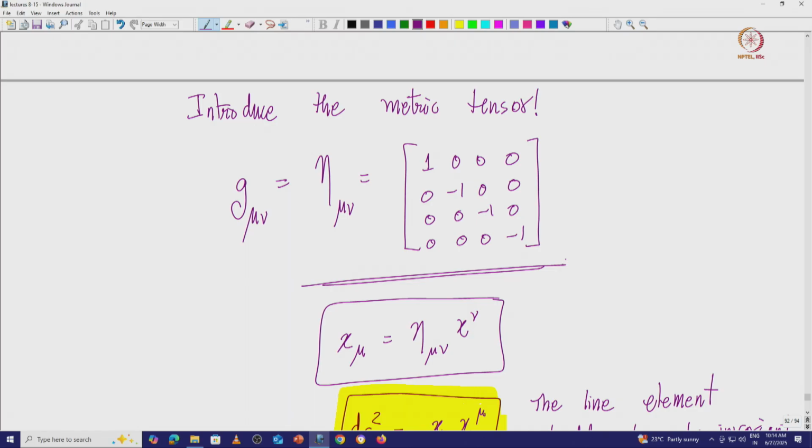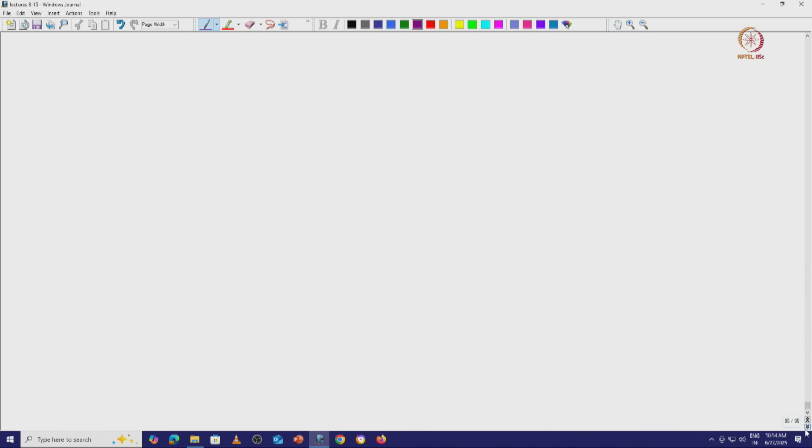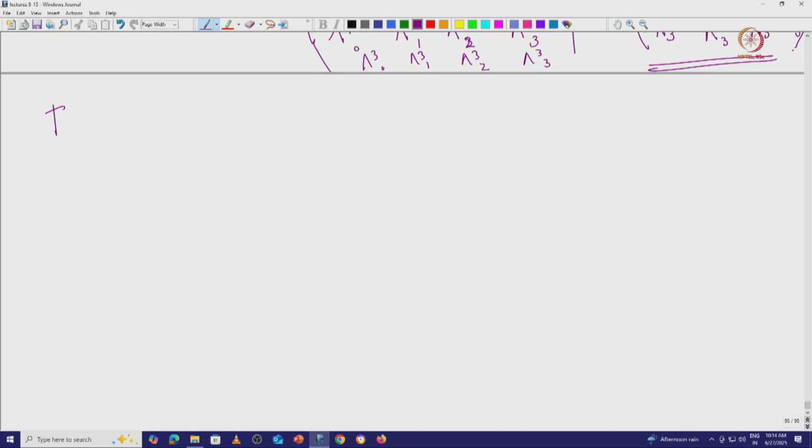If you change the sign of one of these things, it will automatically change everything and gives me the inverse. It's extremely easy to find the inverse of a Lorentz transformation if it is given in a general Lorentz transformation format. This is what it looks like. Now, what are the 4 axioms of a group?